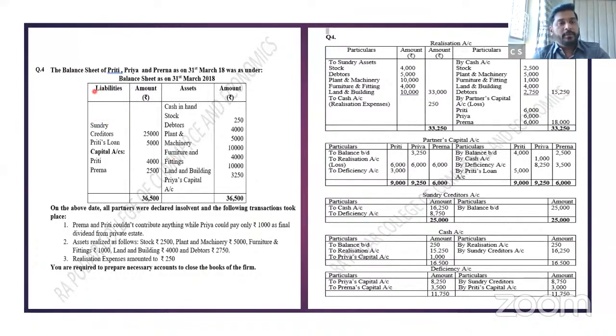Okay, so this is all partners insolvency, in which you will have to be very careful while transferring the assets. No liability should be transferred to realization account, and then you will have each and every liability as a separate account. So here in this case, there was only one external liability, sundry creditors. The partners loan would be transferred to partners capital account if it is all partners insolvency.